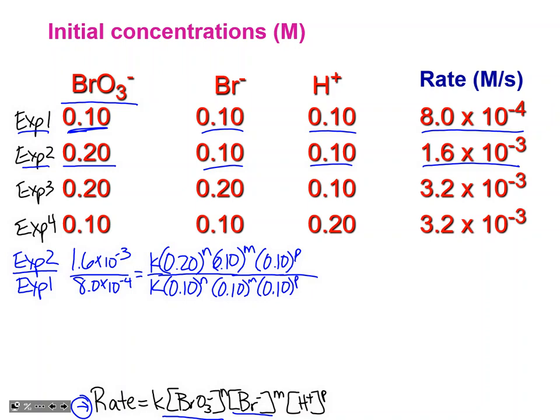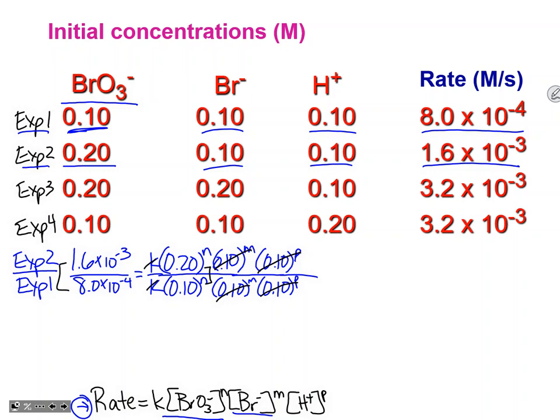However, as you'll notice, these guys cancel because they are the exact same thing. These guys cancel as well. The k's cancel. We don't really need to put them in there. So really all we need is the rate and the concentrations raised to their order of reactant. The other stuff you don't really need in order to figure out the order of reactant.